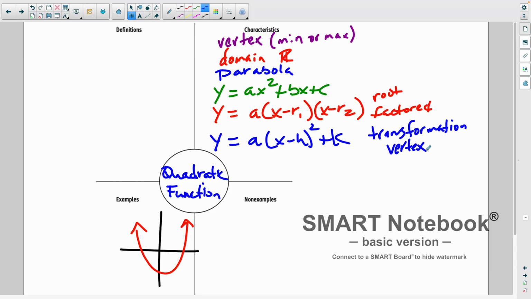Now, I can add a little bit more here. If I add a couple examples, there could be an example. That's a pretty easy one to do. I could write it in a couple different ways, but that would be an easy one. You probably could think of some non-examples pretty easily, because what would you list as a non-example?